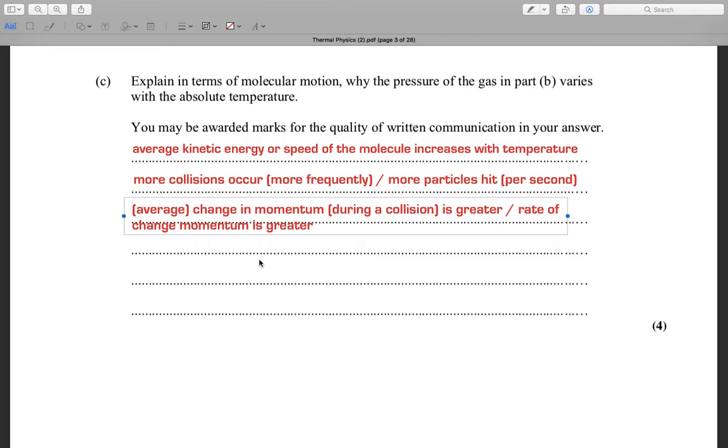Hence the force or pressure of momentum during collision is greater. Yes, I think this is the best answer.